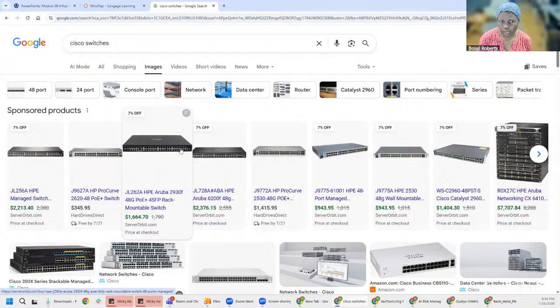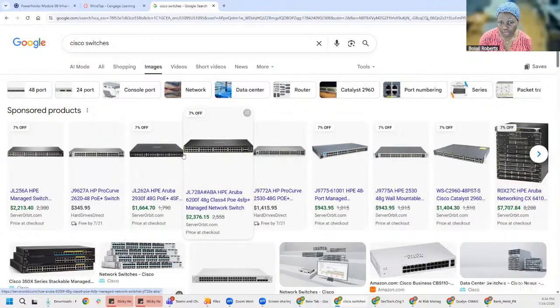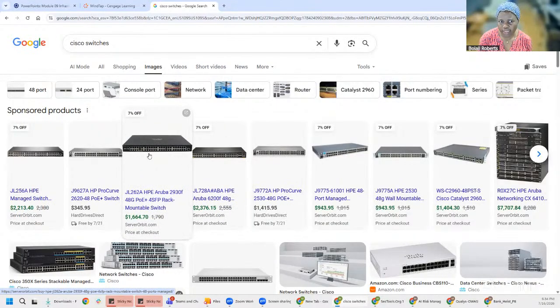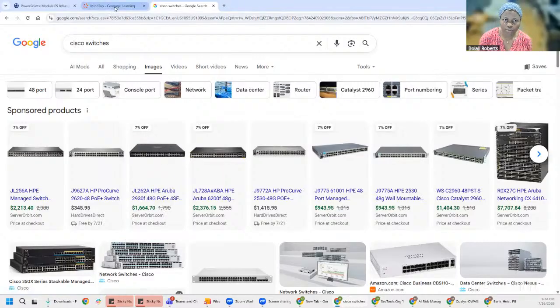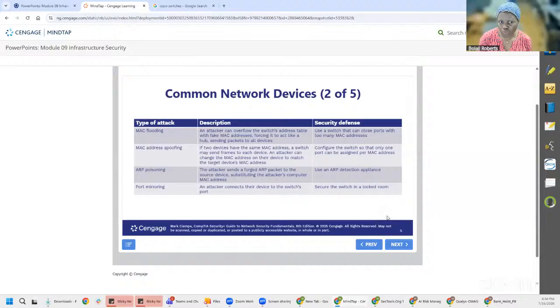Okay. So you could plug that to your IPS and your IDS, and then use your IDS to monitor the traffic that is traversing that switch.